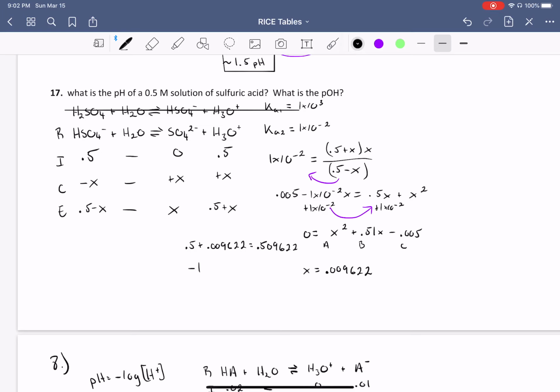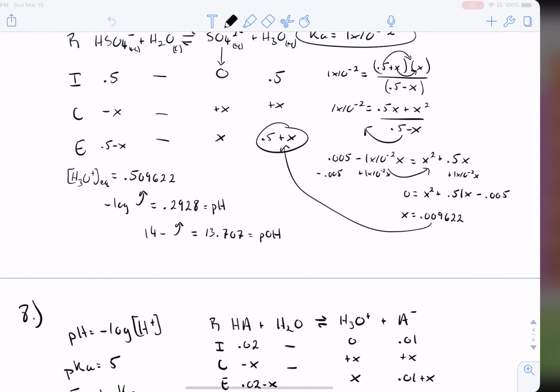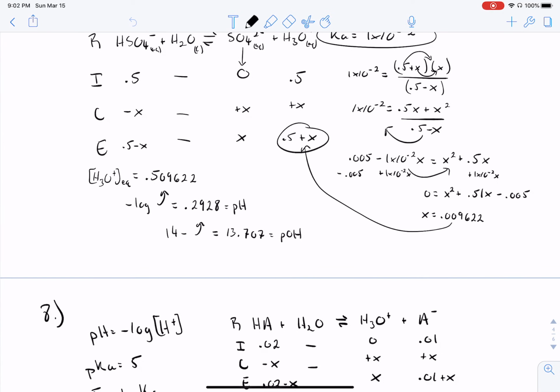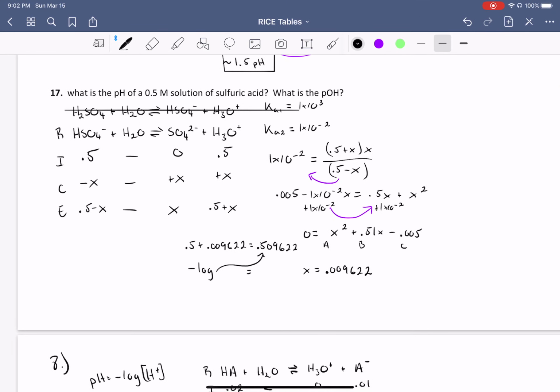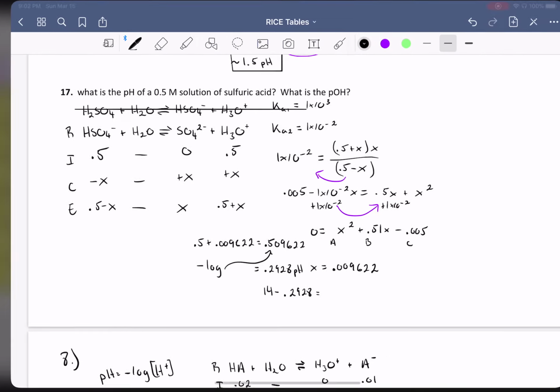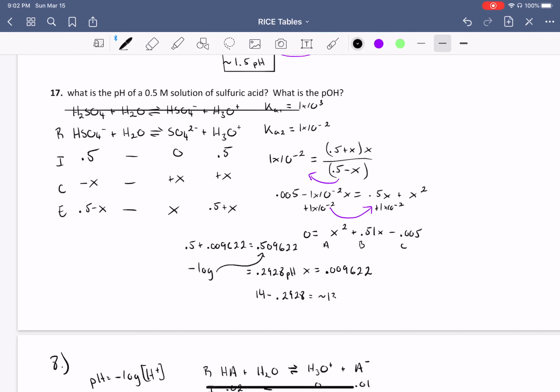We take the negative log of that value, and that should give us 0.2928 pH, and we just take 14 minus 0.2928 equals 13.7 pOH, right? Because it's 14 minus whatever the pH is, the pOH.